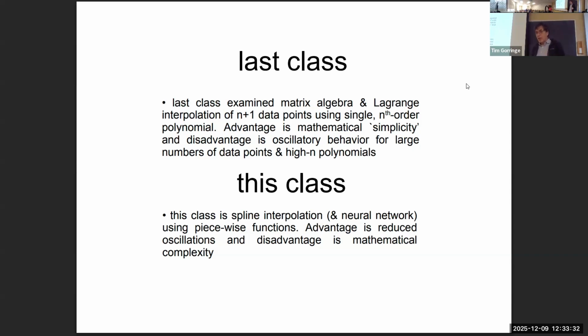An advantage in the past of the high order single polynomial through a set of data points was that it was mathematically less complicated, less time consuming before the age of computers.